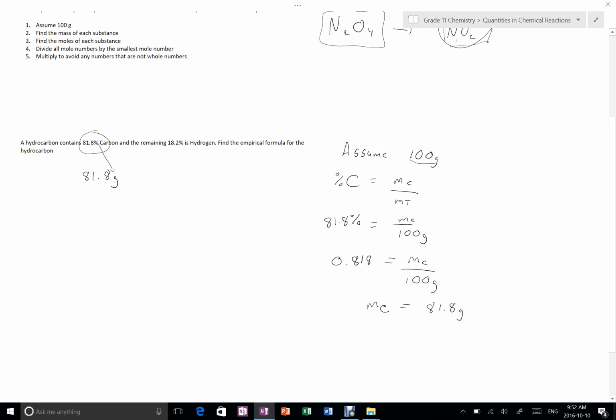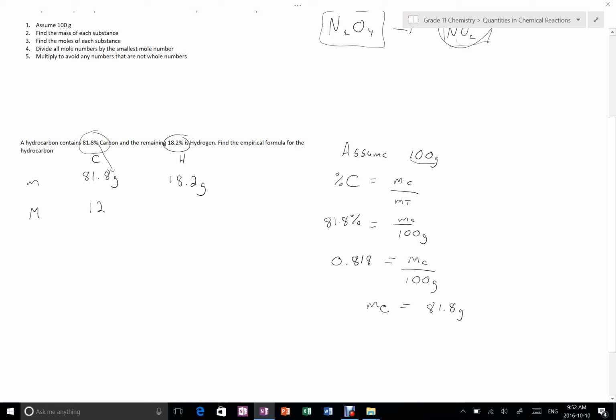Here's the calculation in case you don't see that, but from now on I'm just going to assume that's the case. So this is my carbon, these are going to be my masses, and if it was 18.2%, based on everything I just said, I assumed 100 grams, so that's 18.2 grams of hydrogen. Now I don't want a ratio of masses, I want a ratio of moles or particles. So I'm going to divide both of these by their molar masses.